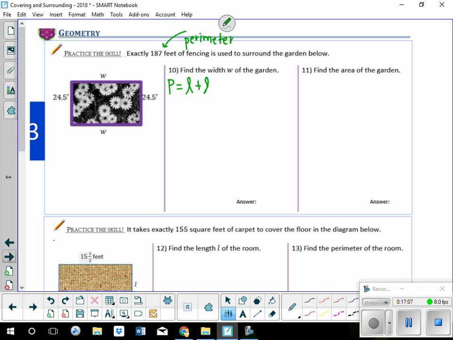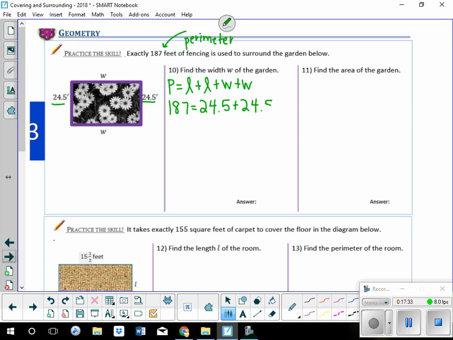Now let's go in here and replace our variables with the values that we actually know. So we know that perimeter is 187. We also know our lengths, and we know that those are 24 and a half. But we still don't know our widths, so we have to figure those out.